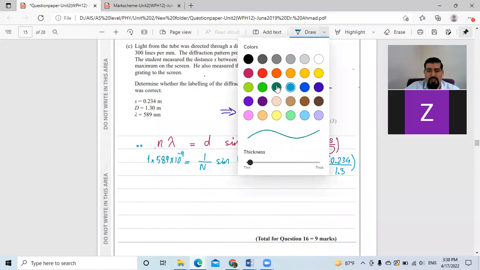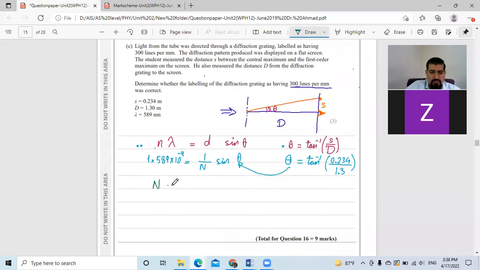Then I'll make n the subject of the formula, which is sine theta over 589 times 10 to the power of negative 9.